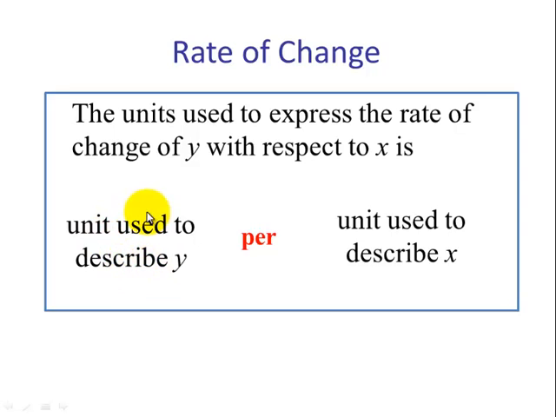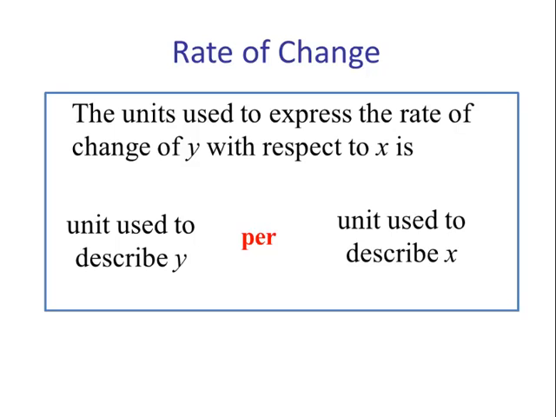It's the change in y divided by the change in x. But this time, in word problems, we may just be given units, and that will tell us what the y or the dependent variable is, and will let us know what the x or the independent variable is.